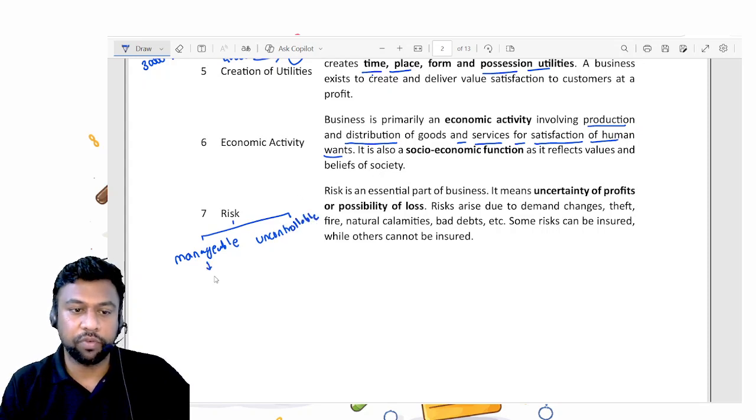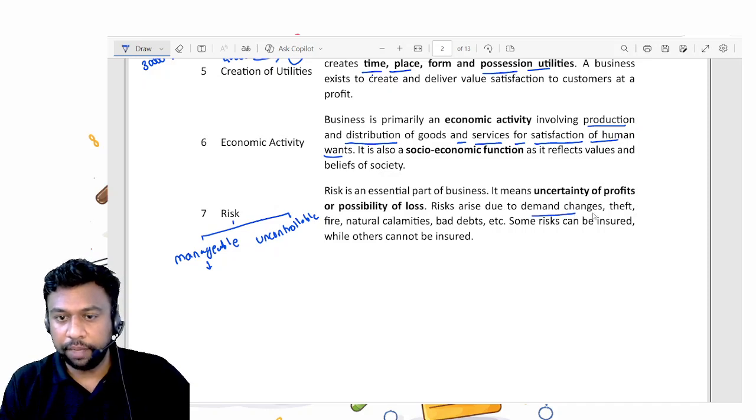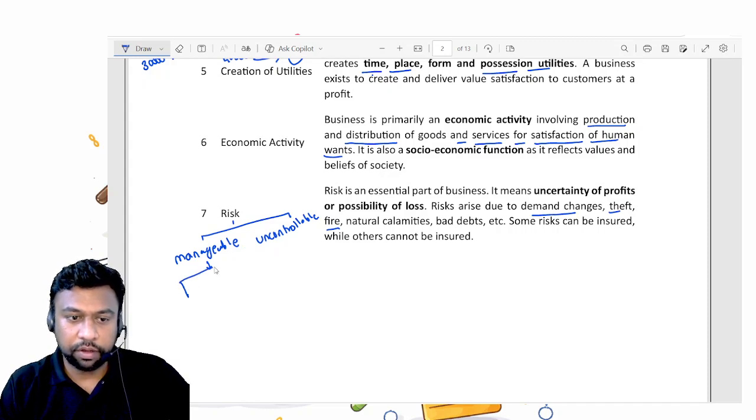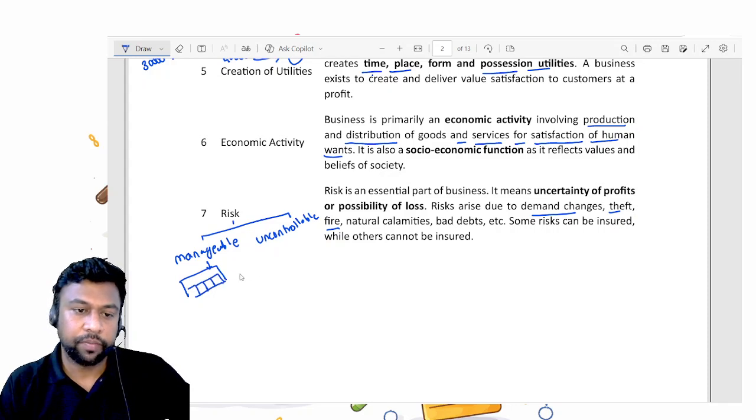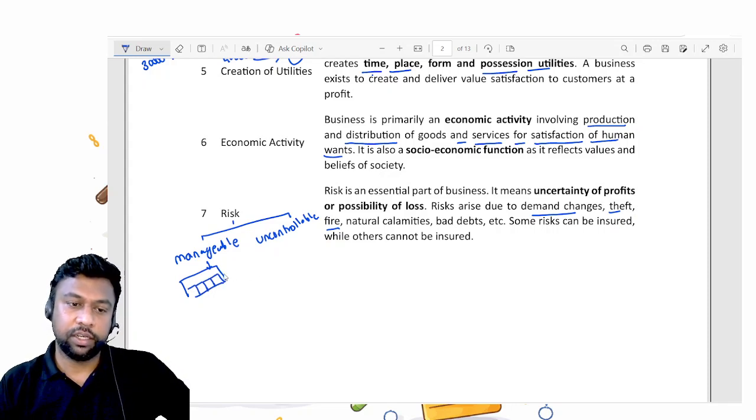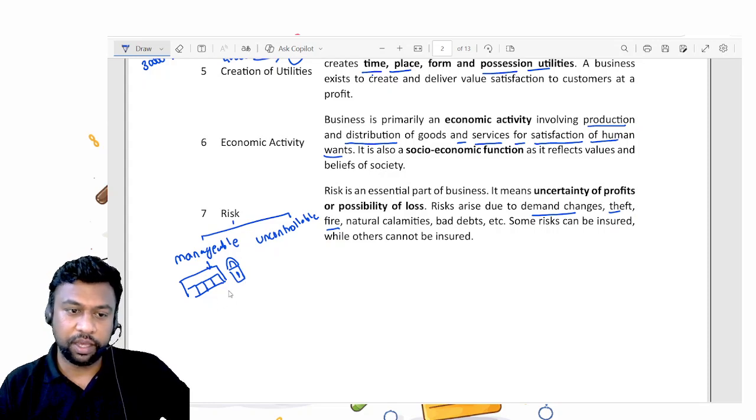Manageable risk is what? Demand change, theft, fire. See, you have a godown where you are keeping all your goods. Now what is the risk? You have not put a proper lock on this godown, that's why robbers come and loot your goods.